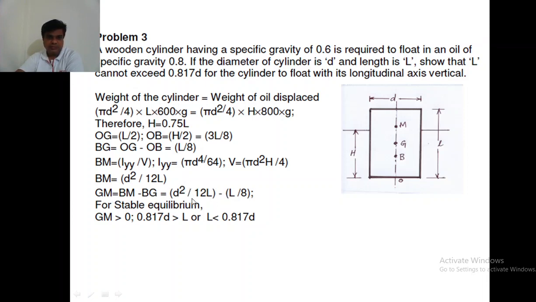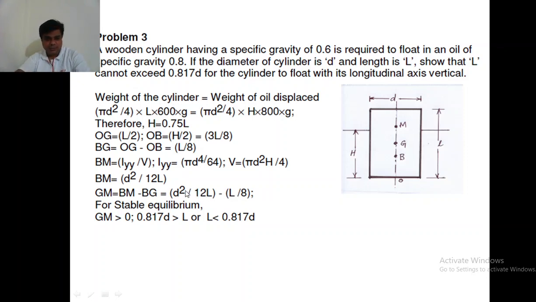So now we have this term in terms of L and D. So for stable equilibrium, I want GM to be greater than 0. So bring one term to the right hand side.